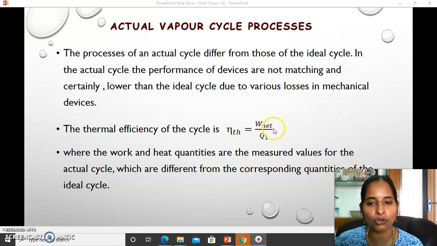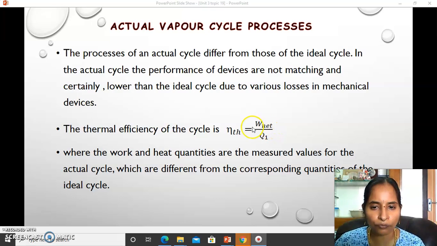We should get the net work done more and heat supply as little as possible to increase the thermal efficiency. But actually what happens is net work done is reduced with a higher intake of heat. This is what happens in the actual cycle.